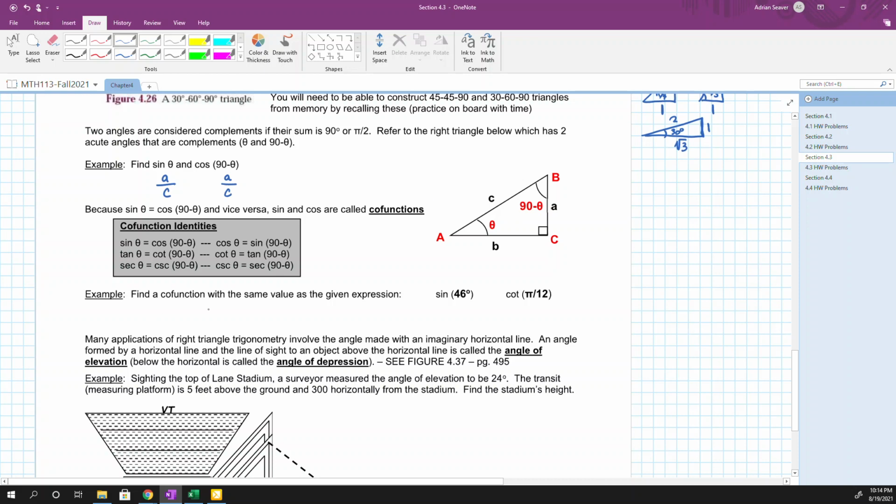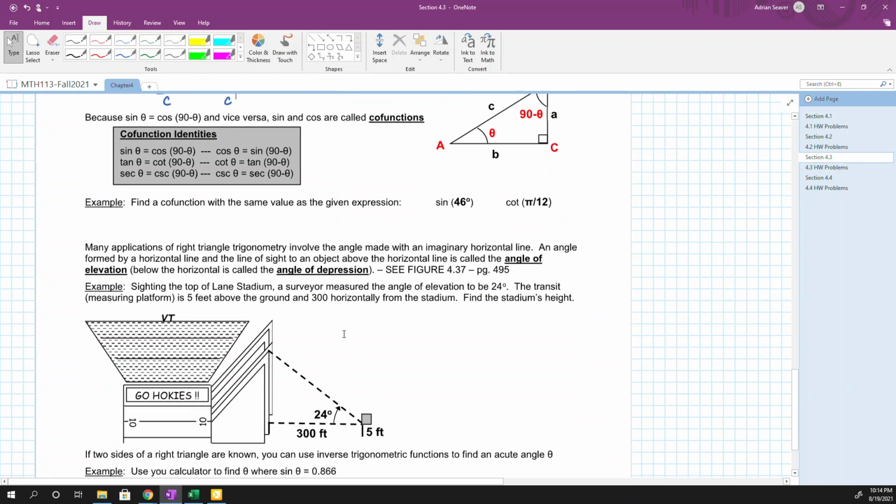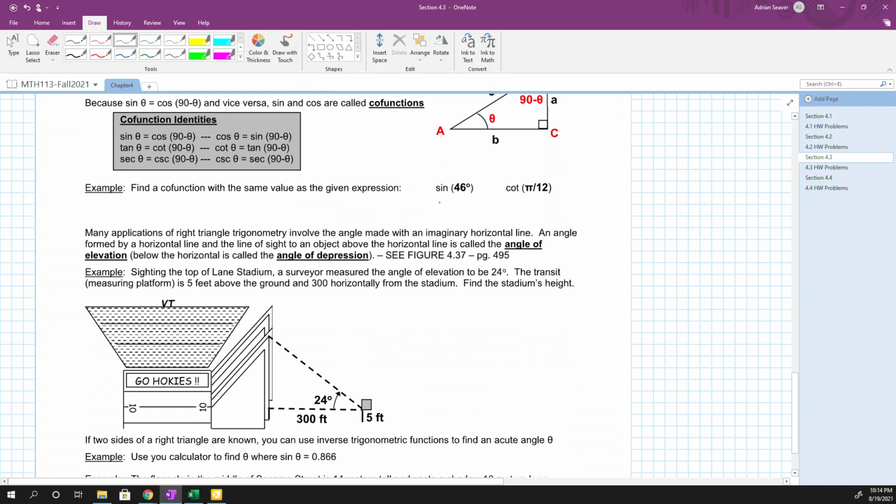As an example, it says find a cofunction with the same value as the given expression. Sine of 46 degrees is the same as the cosine of 90 minus 46 degrees, so it should be the same as the cosine of 44 degrees. If I look at the other one, cotangent, notice how these work.